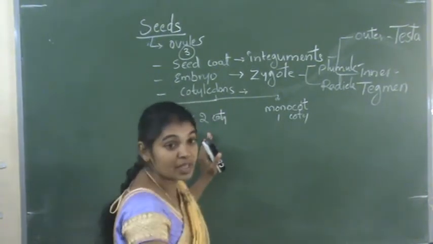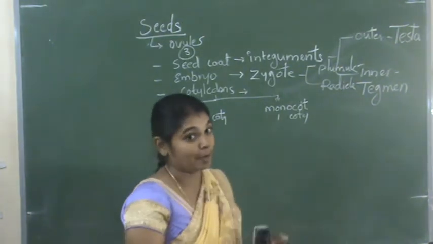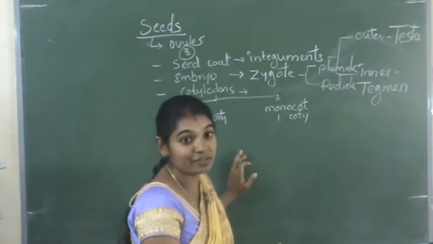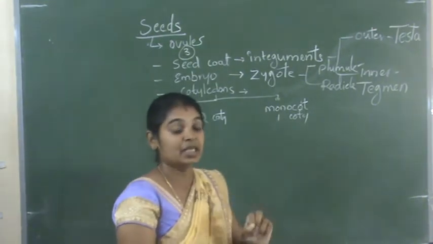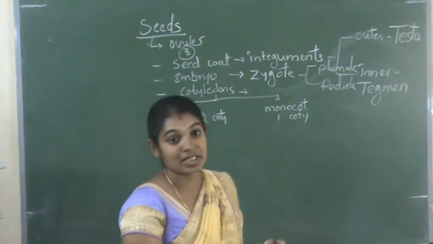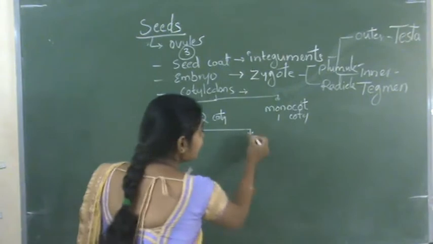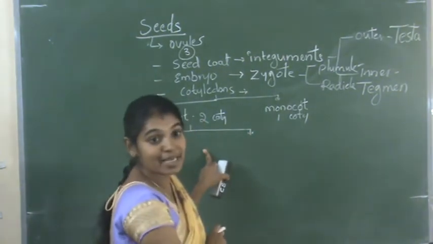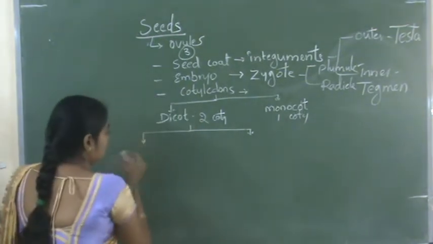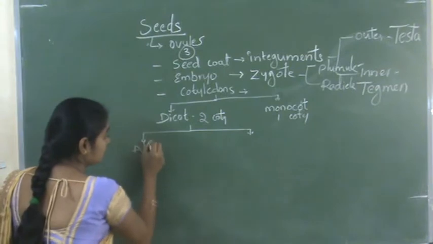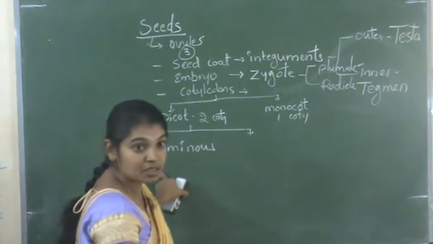Again, seeds are classified on the basis of the presence or absence of endosperm. Endosperm is a result of double fertilization. If the endosperm remains in the seed, those seeds are called albuminous seeds.